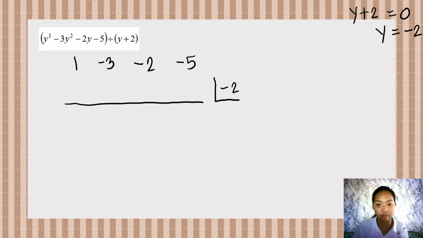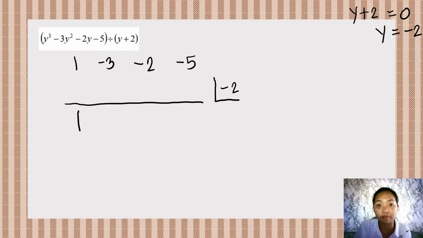Next, we will bring down the coefficient of our largest exponent. We have 3 as the largest exponent here, so the coefficient of y cubed, that is 1, we bring down below the line. And then we start the multiplication. 1 times negative 2 is negative 2.